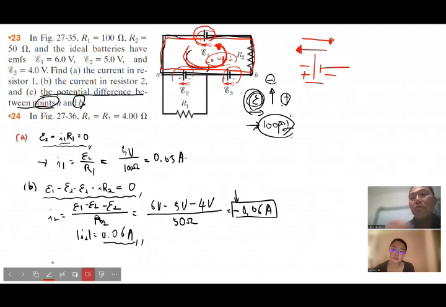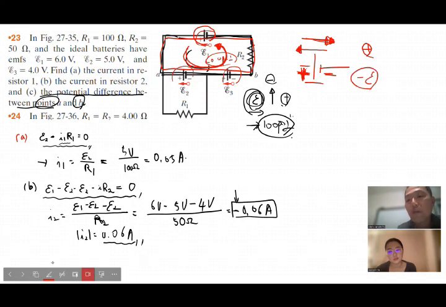But if your direction of the loop is the same direction as the battery, then that should come with the plus sign. But if the direction of the loop is opposite to the path of the battery, or the path of the current along that battery, then that potential should have the minus sign.